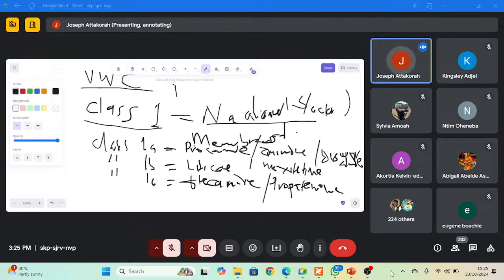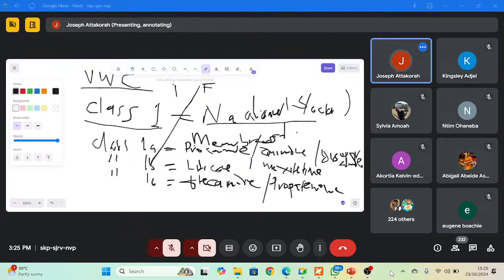So if I say class 1B, those medications have fast kinetics. Class 1B has fast kinetics.